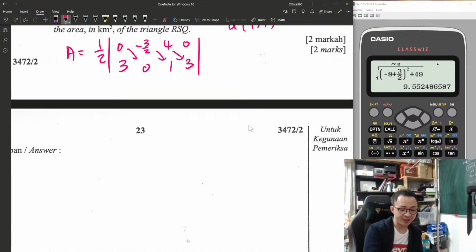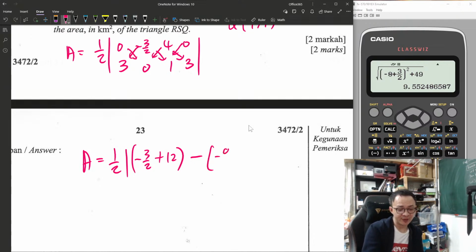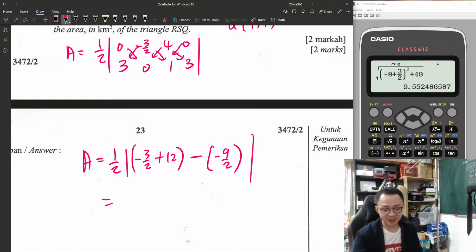Whatever is 0, I will just ignore. 1 over 2. So I get negative 3 over 2, bracket it, then plus 12. Minus, multiply in the opposite direction, so 0, 0, and negative 9 over 2. Okay, so let's solve it.